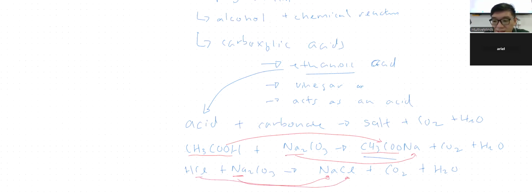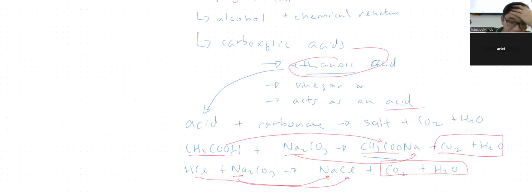You still get the same products. Meaning to say, ethanoic acid will behave similarly to any other acid. Whatever you learned from the acid, alkali and salts topic can be reused here.